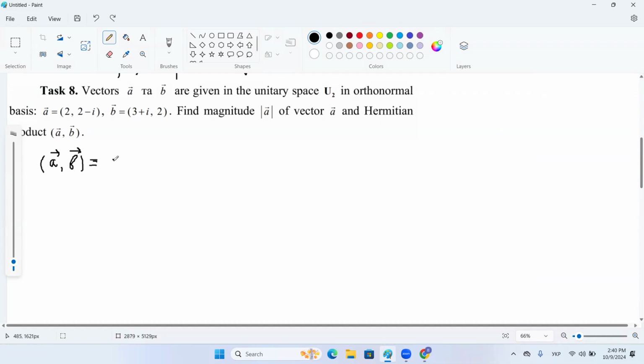So xa multiplied by xb, and it is complex conjugate, that means the imaginary part has the other sign.